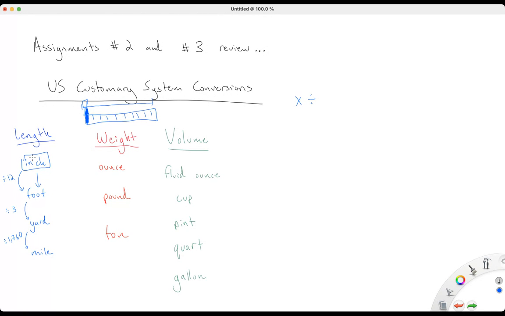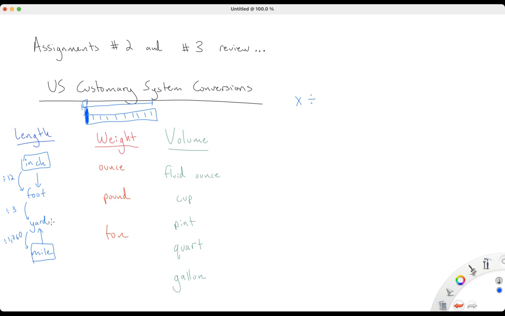So the big thing is, when we increase the size of the unit, we're going to divide. And you might be thinking, if we divide when we're increasing the size, what happens if we're going from the bottom up, or miles to yards?